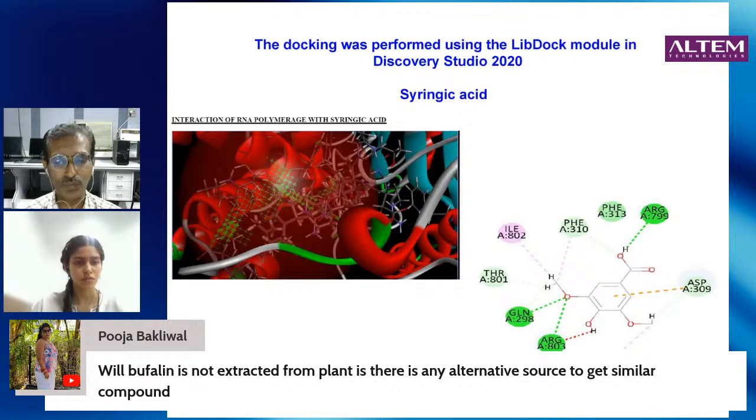Once you identify a lead compound, people do something called pharmacophore modeling. Pharmacophore modeling is looking at the biological molecules or ligands which have similar activity against the same target.